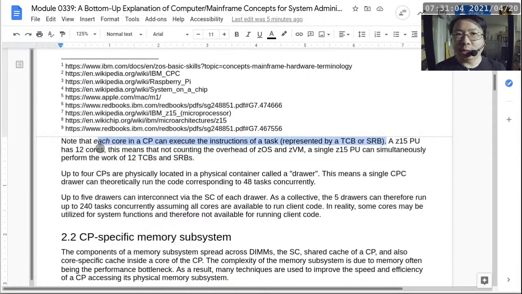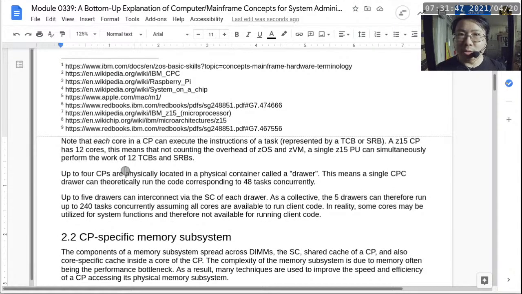So that means if a Z15 CP, central processor, okay, I forgot about this one. Just like what I said in class, a PU, which stands for processing unit, is a more general term than a CP, which is a central processor. I know these terms are very confusing. What is the big difference here? A PU is a name that refers to anything that can do any type of processing.